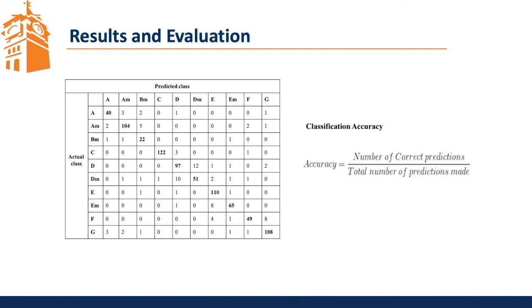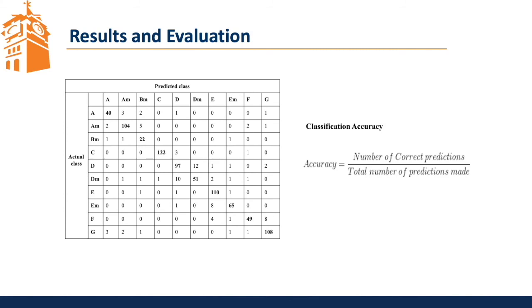A confusion matrix, as the name suggests, gives us a matrix as output and describes the complete performance of the model. There are four important terms. True positives, meaning the cases in which we predicted yes and the actual output was also yes.